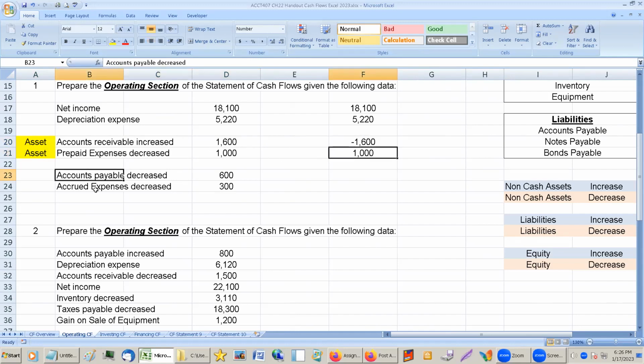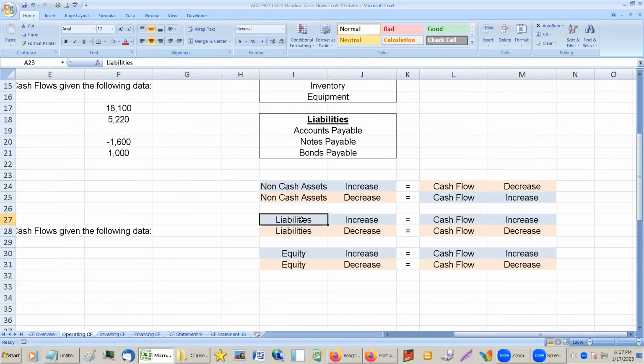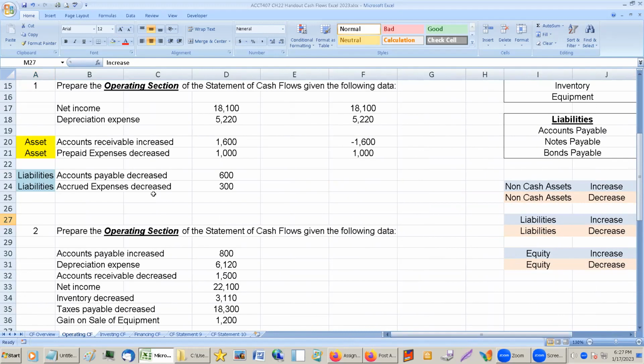All right, down here, these are liabilities. Let's make those blue. Now, liabilities, they go in the same direction. Okay, so accounts payable decreased.